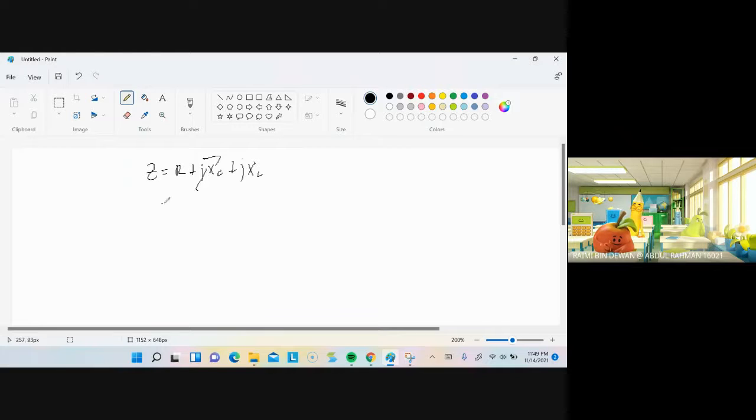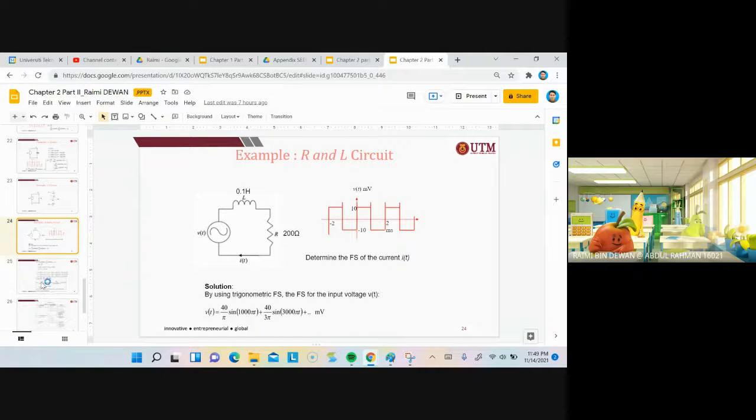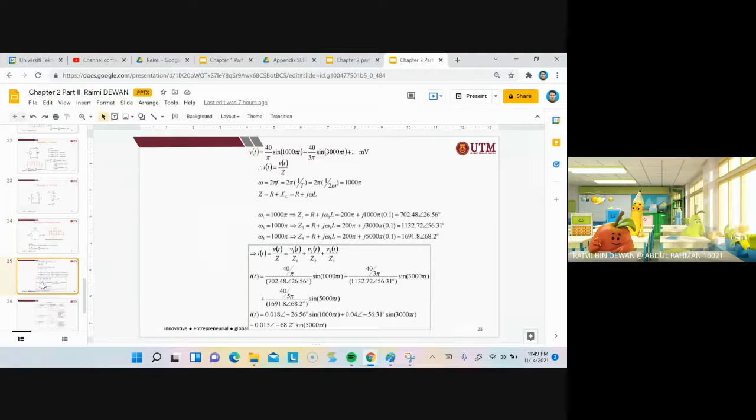And you have your R, and then you have j, and for inductance it is omega L, right? So that's why you need to solve this first. And then you get this equation. Try to do this at your own leisure time.